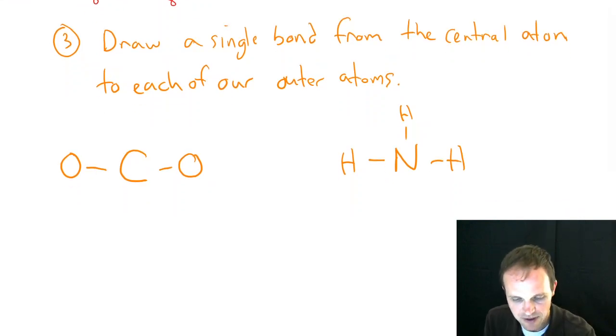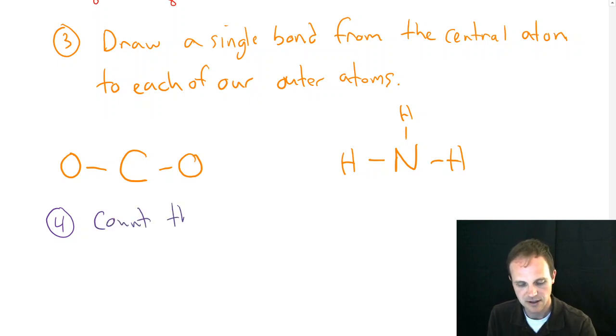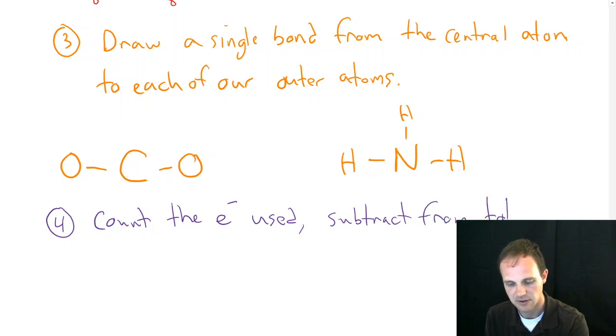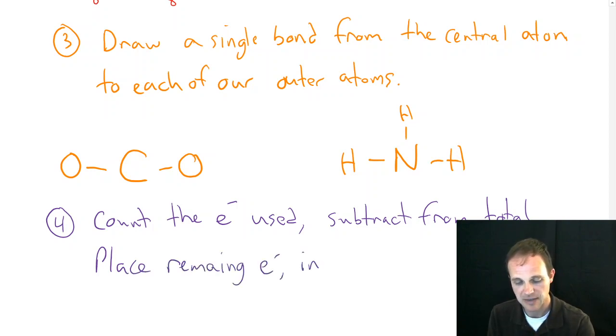Step 4 is to count the electrons that I used and subtract from the total. And we're going to place remaining electrons in pairs.